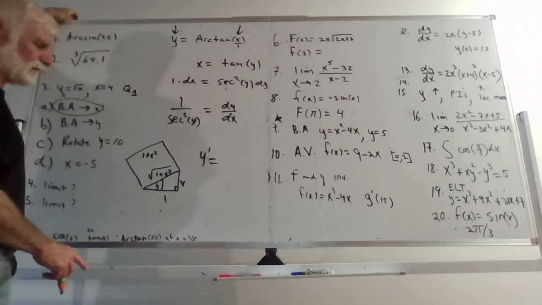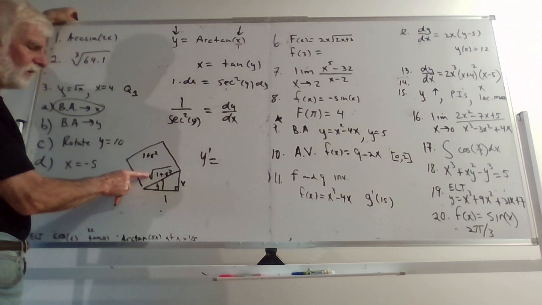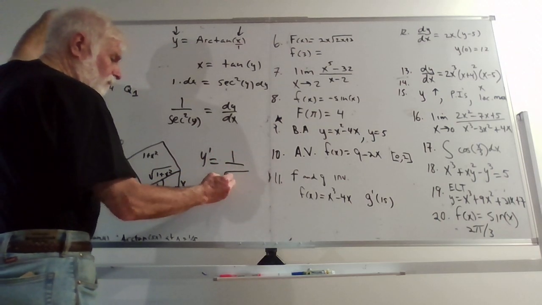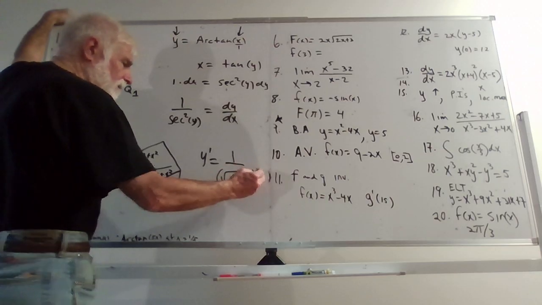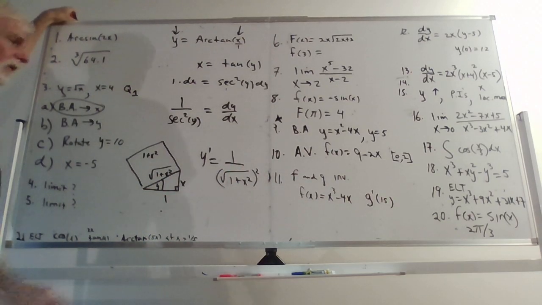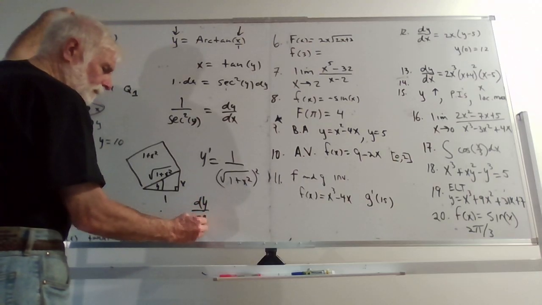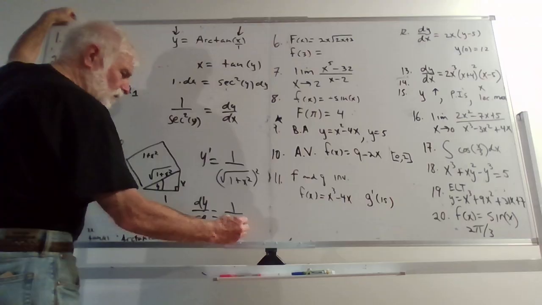Well, secant is reciprocal of cosine, and here's our cosine, 1 over the square root of 1 plus x squared. If we square that, we're going to get rid of the square root symbol. So dy dx is equal to 1 over 1 plus x squared.